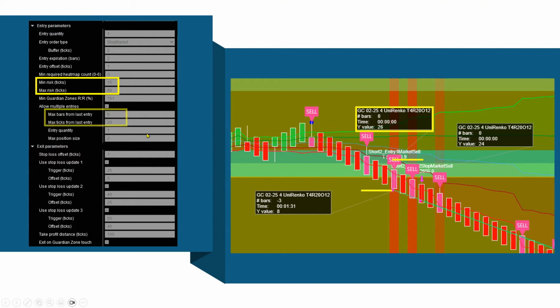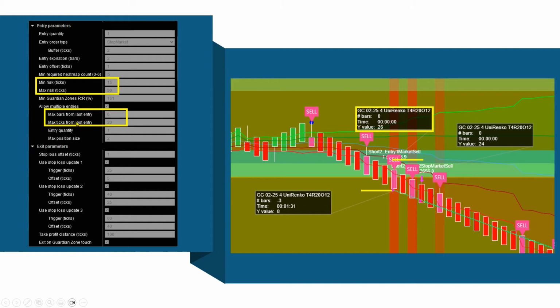The next is with the VWAP ASB. Because this is a momentum type of strategy, if we get signals following that initial signal, we allow the users to add more contracts, and it did in this case. When we're allowing multiple contracts, we need a max bars from last entry. In this case, we've set that to 6, okay?